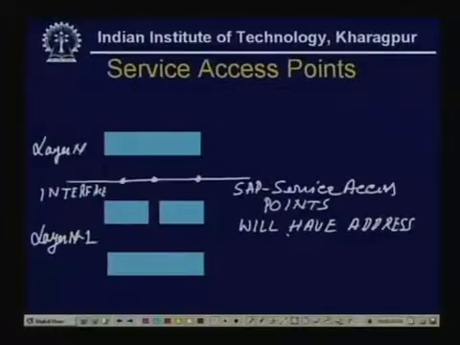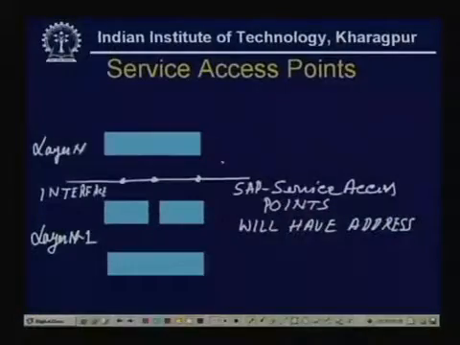It is somewhat like, let me give an example for this. Suppose we are using telephone system, that socket of the telephone system is the service access point of the telephone network, and as we know, each socket corresponds to a telephone number, and that is the address of that service access point.